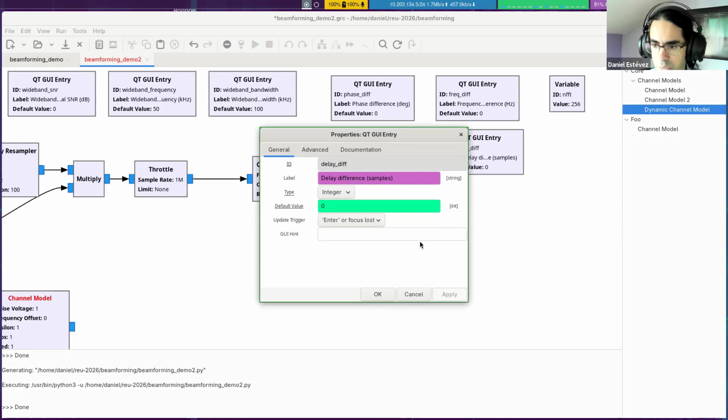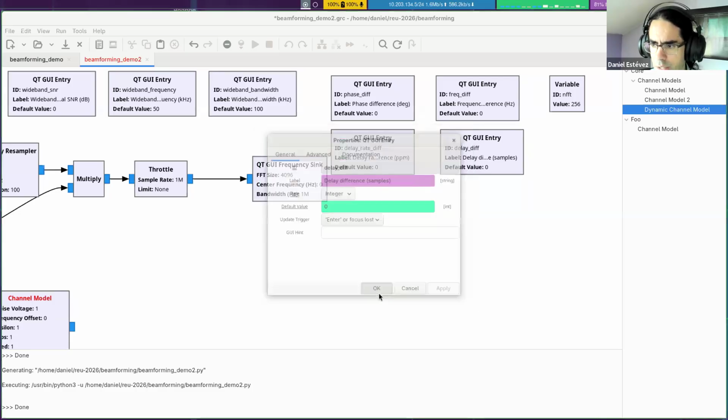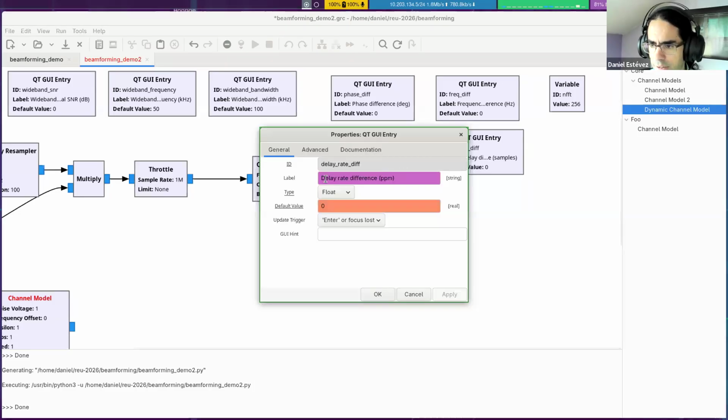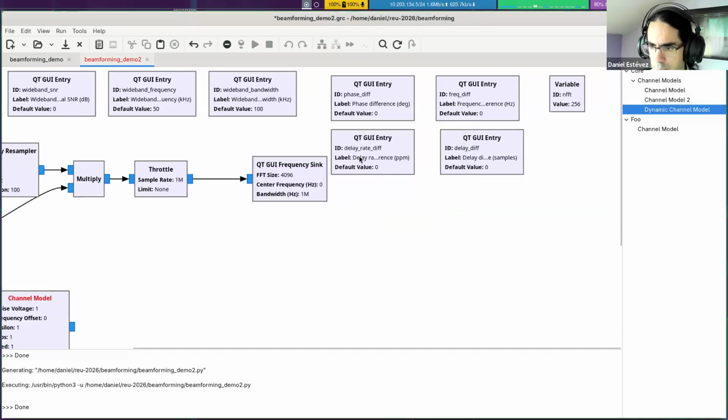So you could convert from meters to seconds by dividing by the speed of light, and then you could convert to samples by multiplying by the sample rate, if you are starting with your physical distance between the antennas. So we are also going to set this here. And then finally, there is the delay rate difference. So this is like the time derivative of this thing.